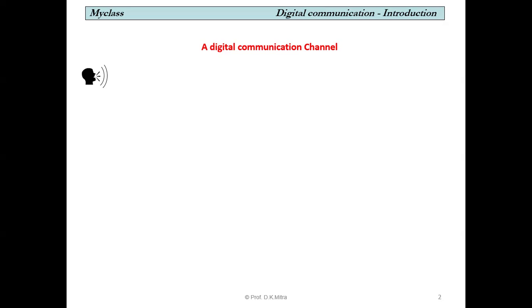Firstly, there is somebody who is speaking. The signal can be anything, a speech signal, a signal from a temperature sensor, or from any kind of sensor. But let us take the example of speech. That is the easiest and most common example.